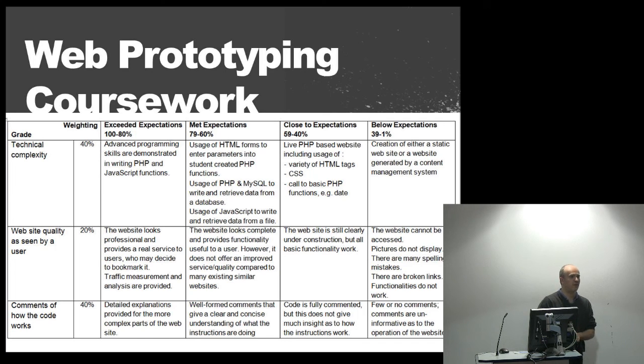So if everything works and you don't do anything about looking nice, you already have 40% of the 20% for the look. And then I want a good description of the code you will have written. If there is no description, you will just get 0 for that part.